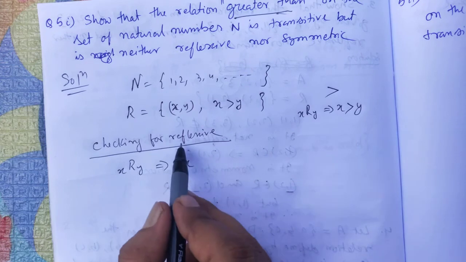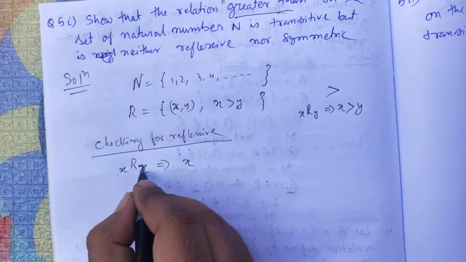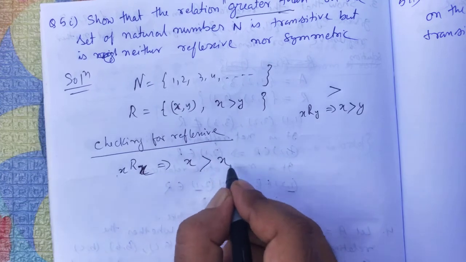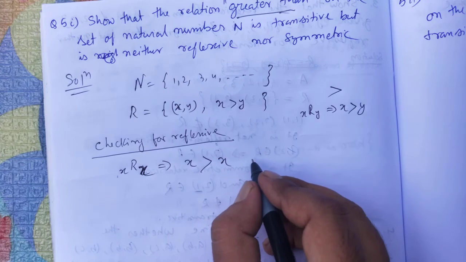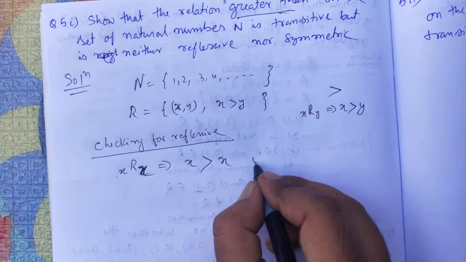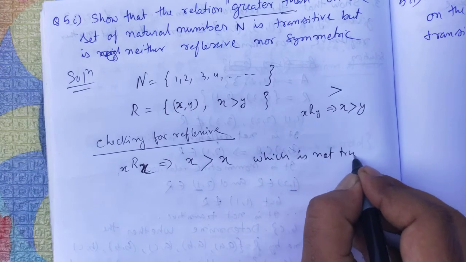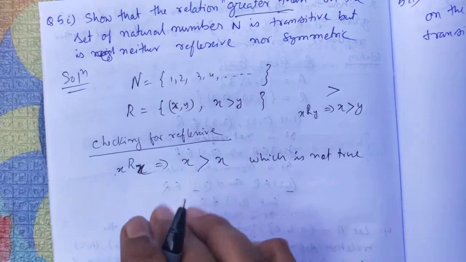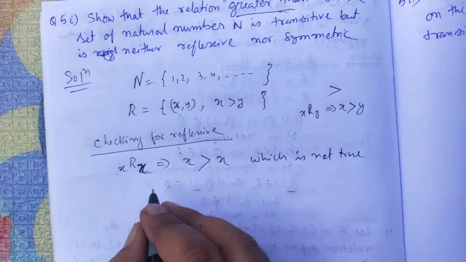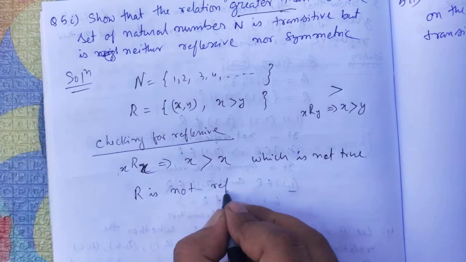But for reflexive we have to use the same number. x related to x, is x greater than x? It can't be greater than x, which is not true. The same number cannot be greater than itself. Therefore R is not reflexive.